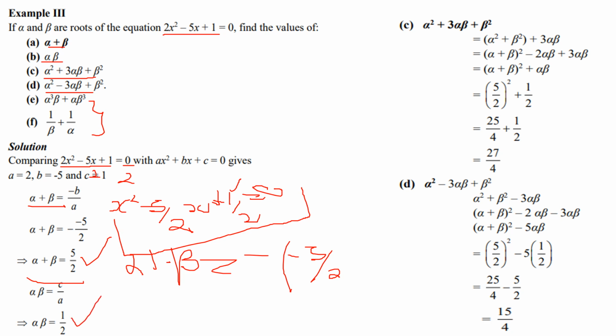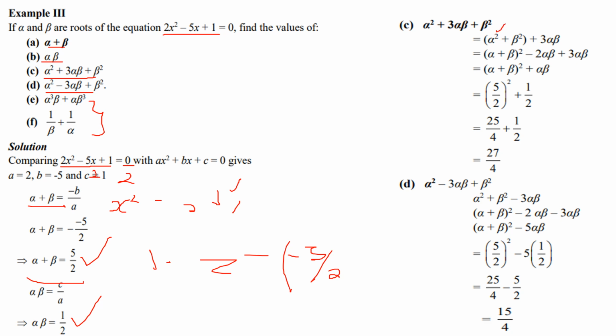So let's go to part C. Now part C, always such equations require you to put terms in either alpha plus beta or alpha beta. Once we do that, we are going to group terms according to their powers. So you group alpha squared and beta squared together, and then you also group the others together.